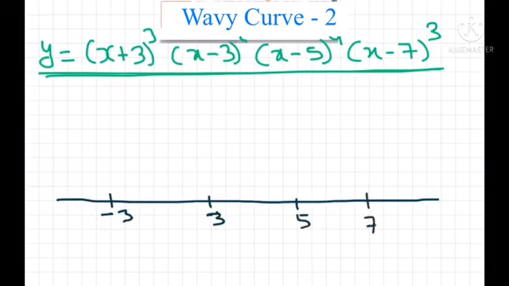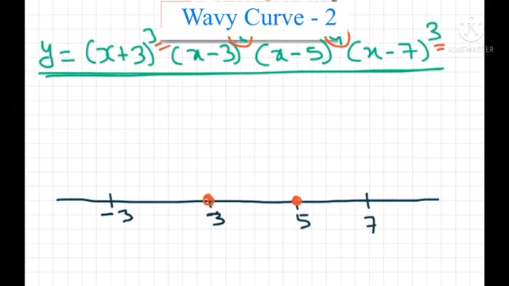After this, just see the exponent. Where do you have the even ones? This is odd, 3. This is even. This is also even, 2. This is odd, 3. So see, at 3 and at 5 you have even. Just mark these two points. At these 2 points, the sign will not change.